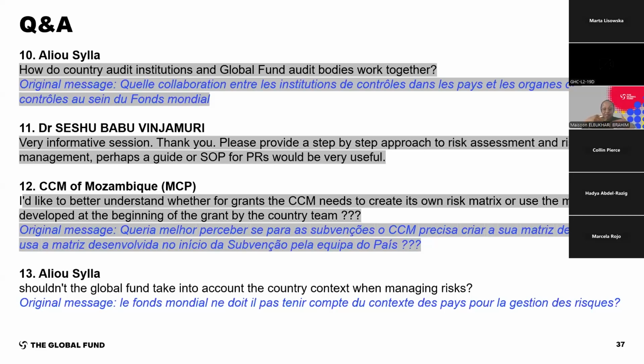But when you are rating each of these risks and sub-risks, it is based on the country context. It's not a theoretical exercise. How are the grants designed? Who are the implementing partners? What are the resources available? What support is available from other actors? We take all this into consideration when rating the risks and designing the mitigating actions. Next, please.